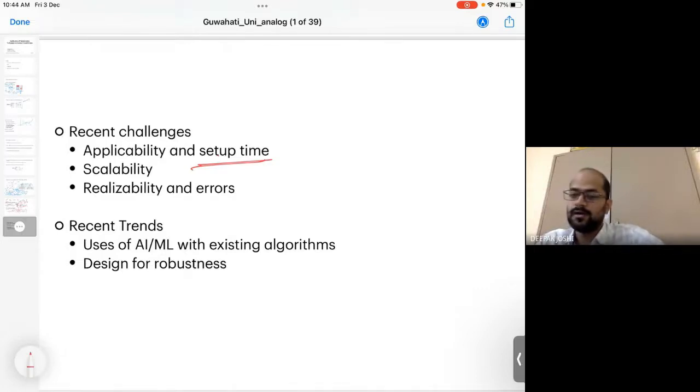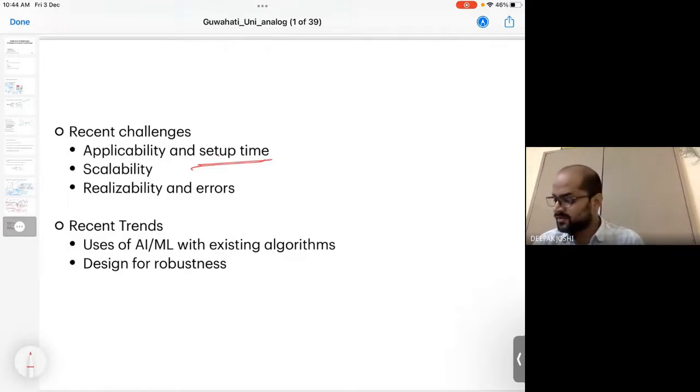Okay, and how easy it is to apply. Let's take two examples: one is particle swarm optimization, another one is genetic algorithm. The genetic algorithm has many variables such as mutation coefficients, many coefficients, and it is more complex to apply as compared to particle swarm optimization, because the deciding factors are fewer in PSO.